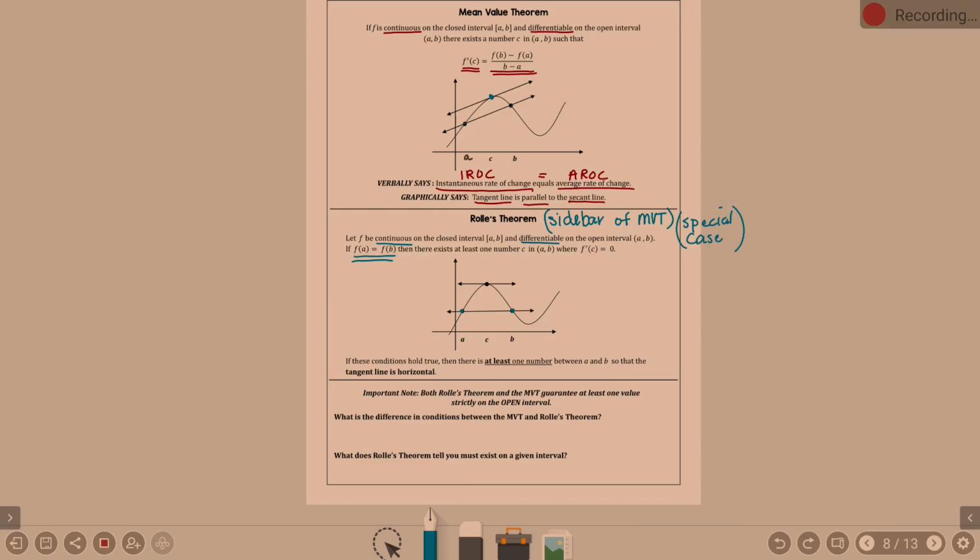So if these two endpoints are the same, so basically the y values are the same, then there's at least one number in the interval where f prime of c equals 0. And why is it equal 0? Because if you have a horizontal secant line, the parallel tangent line is also going to be horizontal. You're going to have a slope of 0.